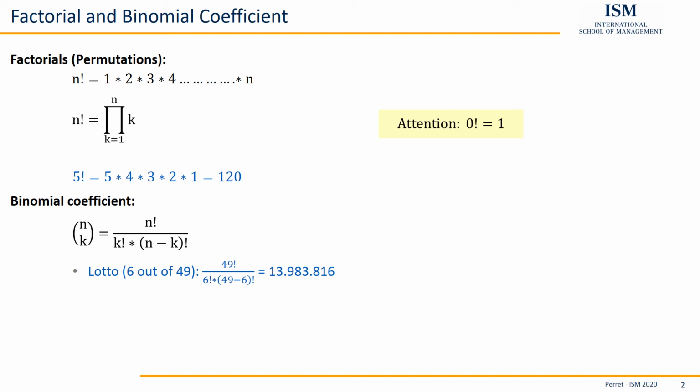So 120 divided by 6, divided by n minus k, so 5 minus 3, that's 2 factorial, which is 2 as well. So we have 120 divided by 6, divided by 2, or 120 divided by 12. So as a result we get 10.